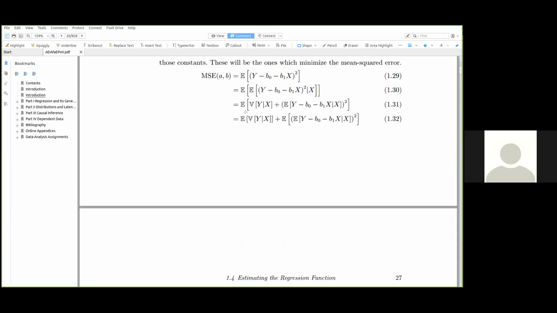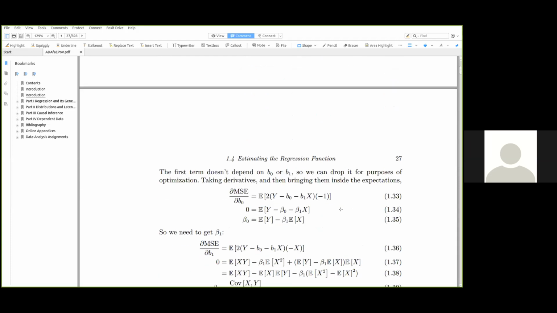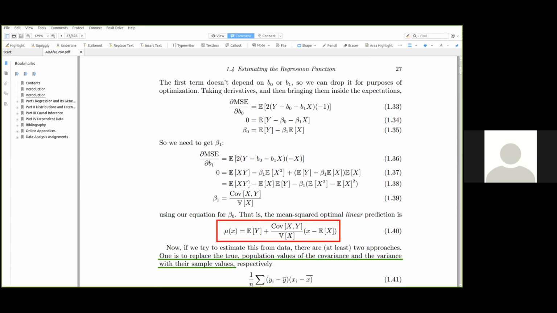So even if we take the derivative, the derivative of that part will be 0 with respect to b0 or b1. The derivative of the second part, with respect to b0 and b1, gives the values beta naught and beta 1, which will give you the smallest value of mean square error.